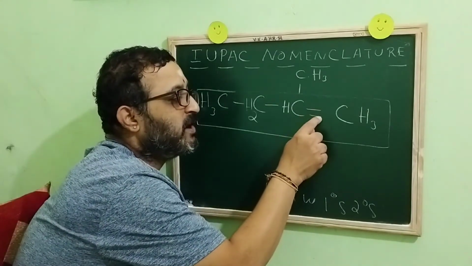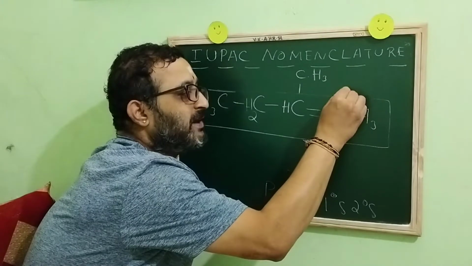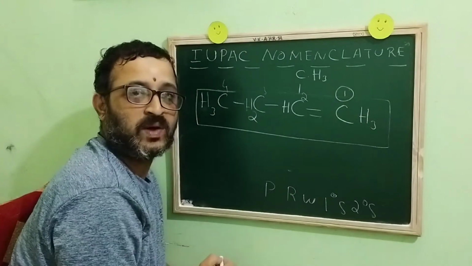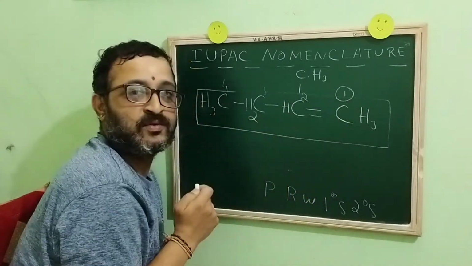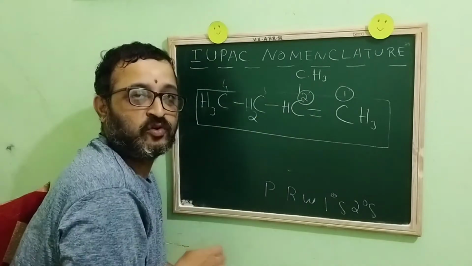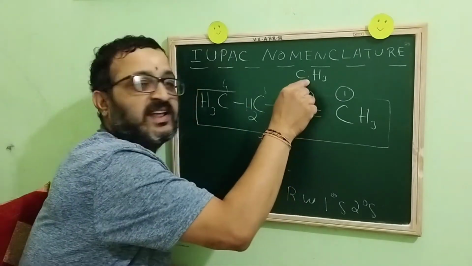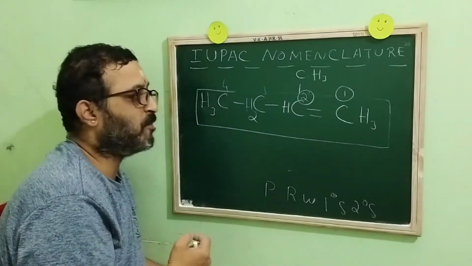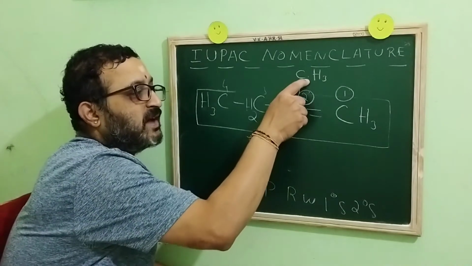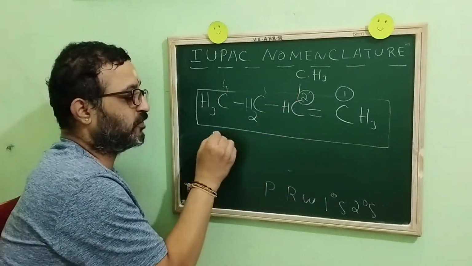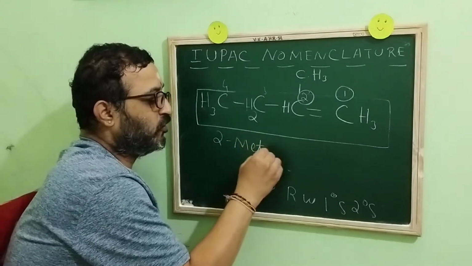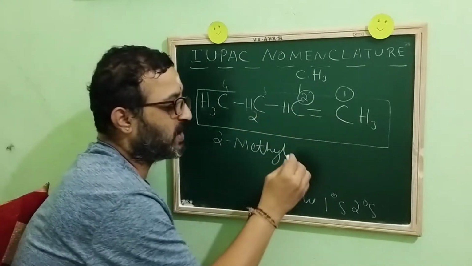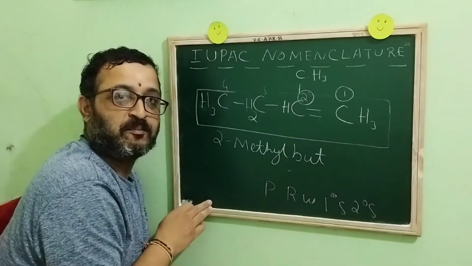Now from where should I number? Obviously the double bond is here, so I will number this as 1, 2, 3, 4. That is, I will circle 1, the reason being the double bond belongs to the first carbon, and I will circle 2 also, because to the second carbon a methyl group is attached, right? So what is the name of this compound? The prefix in this compound is methyl, which is attached to the second carbon. So it is 2-methyl, root word 1, 2, 3, 4 carbon atoms, so it is but.